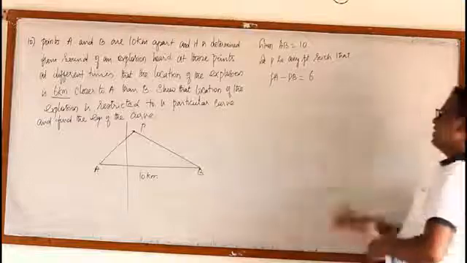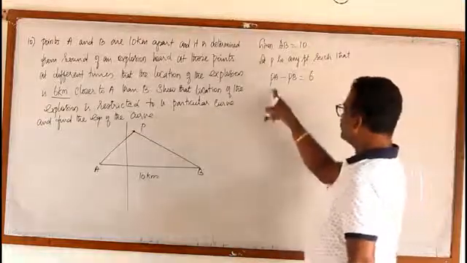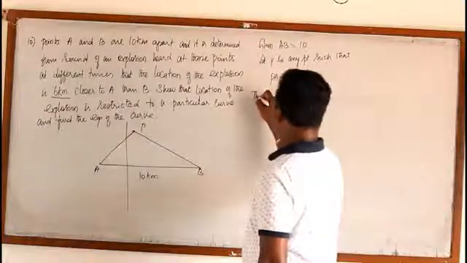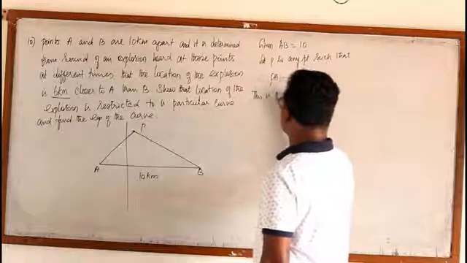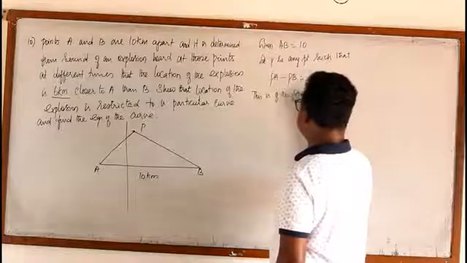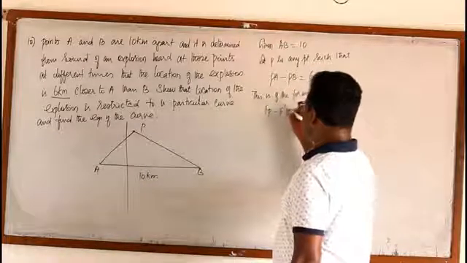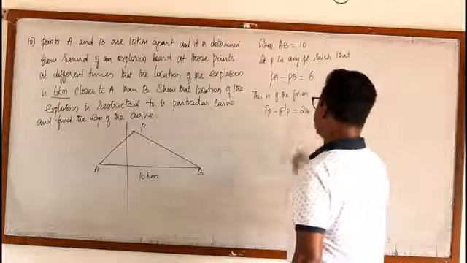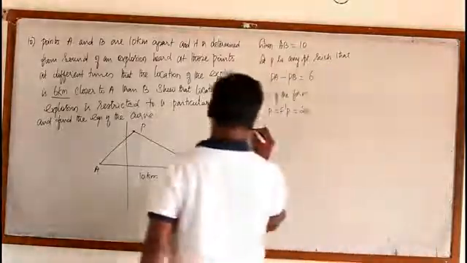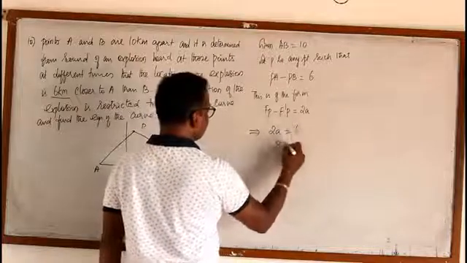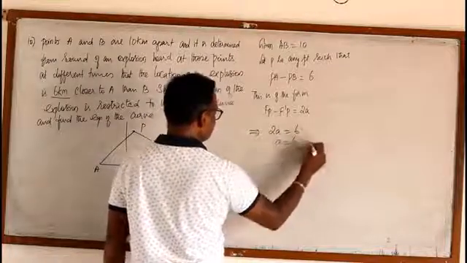Now, this is the property of a hyperbola. Since the points A and B are fixed, FP minus F dash P equal to 2a. Therefore 2a is 6, a is 6 by 2 equal to 3.